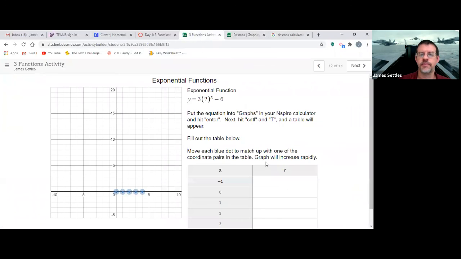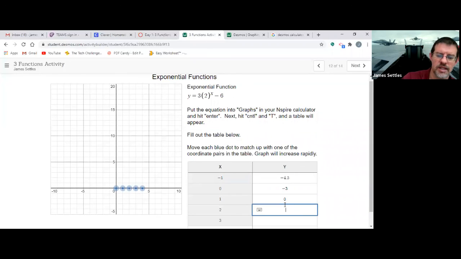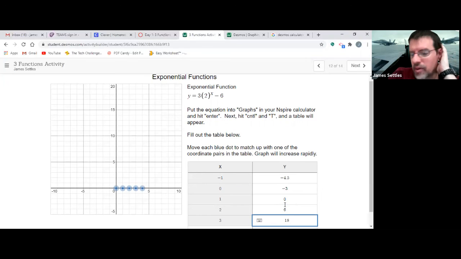It was -4.5, -3, 0, 6, and 18. And there actually is a pattern, but we're not going to talk about it right now. We'll talk about it later. And like I said, we're not going to worry about the graph today.